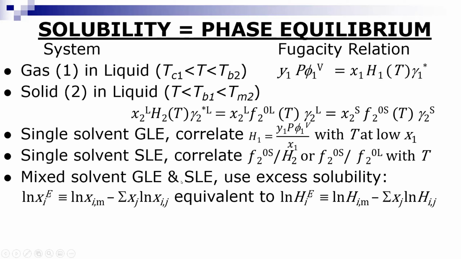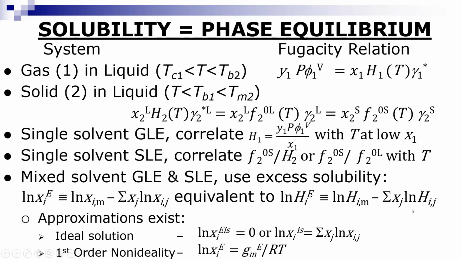If you're talking about mixed solvents, however, and often we have to do this, my suggestion is that you use excess solubility, which is defined as the solubility of the component in a mixture minus the summation of the mole fraction times the solubility in each of the solvents. That's equivalent to choosing an excess Henry's constant, which is the Henry's constant in the mixture minus the sum over the individual solvents.